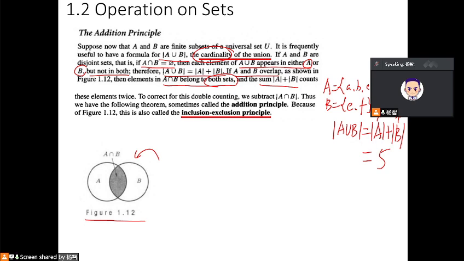So we must correct this double counting, because we count the elements in the shaded part twice.